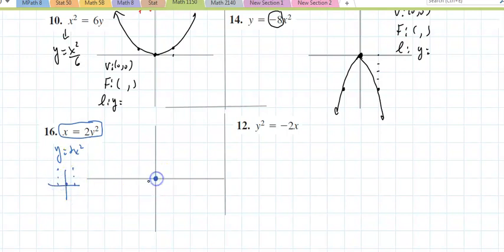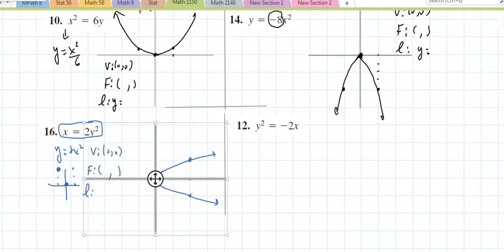Basically, switch the x and the y. This is 1, 2, so 2, 1, and this is negative 1, 2, so 2, negative 1, and I can get a very good idea of what that graph looks like. The vertex, I know it is at 0, 0. They still want me to label the focus, and they want me to find the equation for the directrix. Again, I'll get to that in a minute.